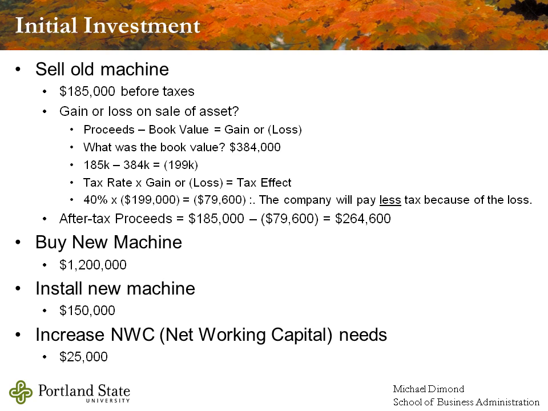So we take the $1.2 million, and we're going to add to that the $150,000 of installation costs. So our total cost for the new machine is going to be $1.35 million, $1.2 million plus the $150,000. In addition to that, in our initial investment, we're going to have another $25,000 in increased net working capital needs.